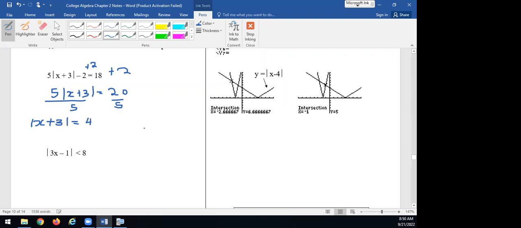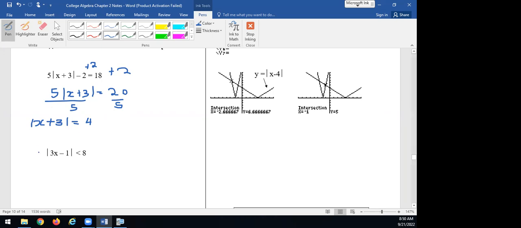And then now you can apply your absolute value definition. So please remember, guys, I've seen it over the years. Do not go ahead and set one side to +18, one side to -18. Always get it to be the absolute value equal to something before you apply the definition.